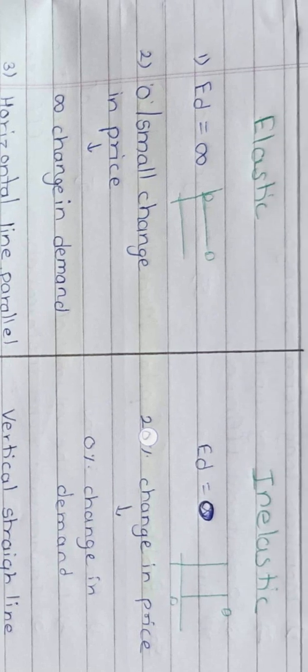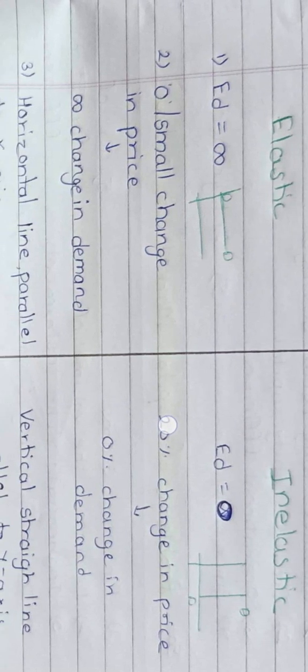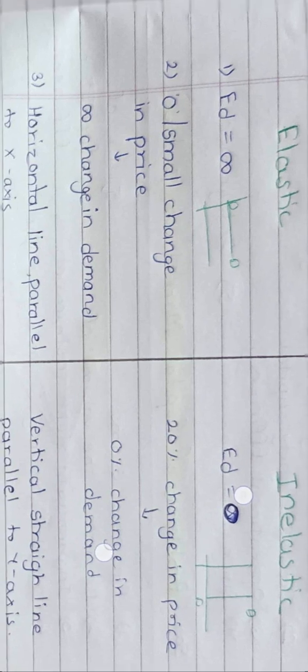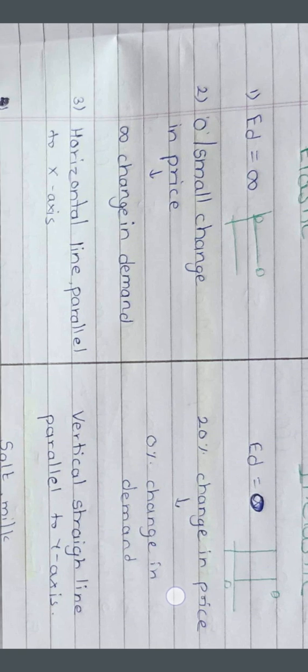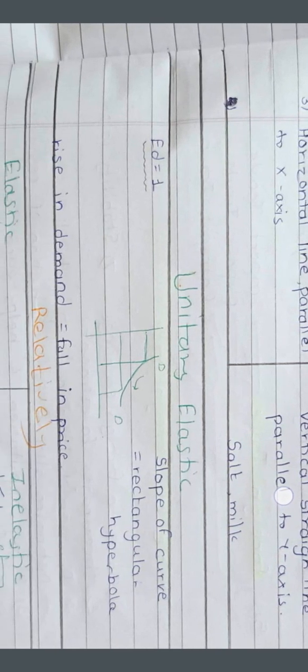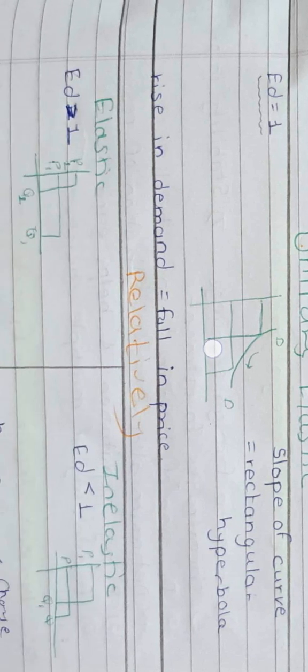Next is perfectly inelastic demand, where a 20% change in price results in 0% change in demand, where a vertical straight line parallel to the y-axis is the graph. For example, salt or milk. Then unitary elastic demand, where elasticity of demand is equal to 1 and where the curve is a rectangular hyperbola and rise in demand is equal to fall in price.